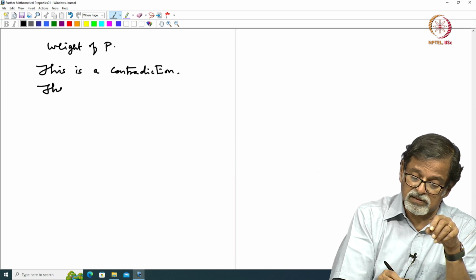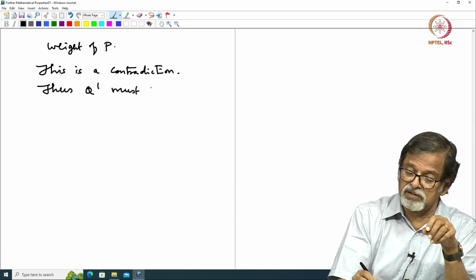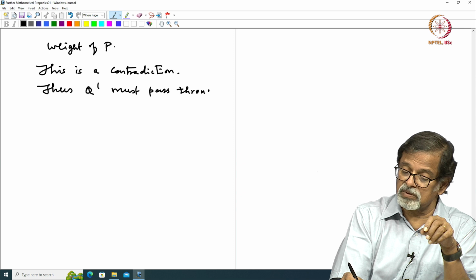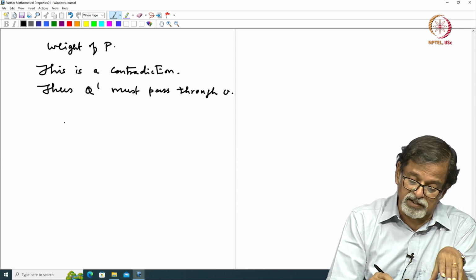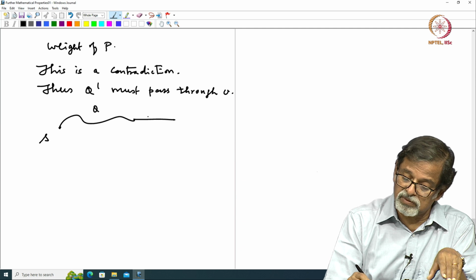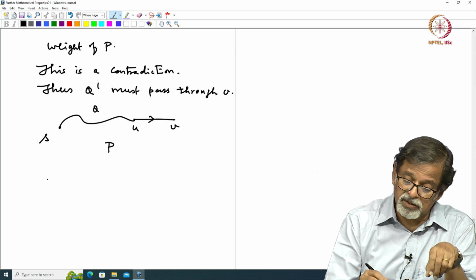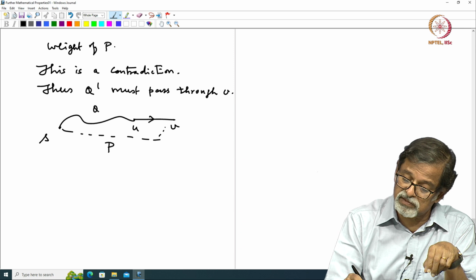Thus, Q dash must pass through V. Therefore, the scenario is like this: I have S, this is Q, this is UV, the whole thing is P. I have a shortest path Q dash that must pass through V. So, Q dash is like this.